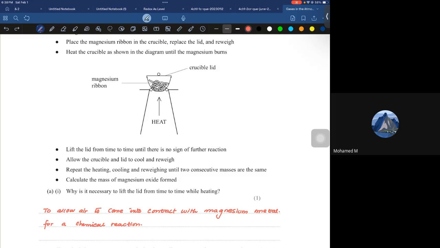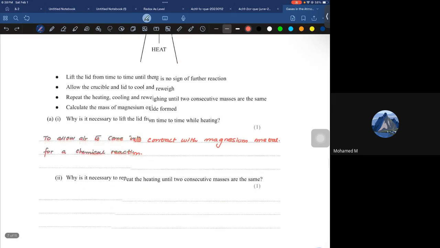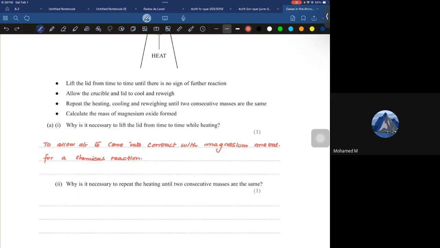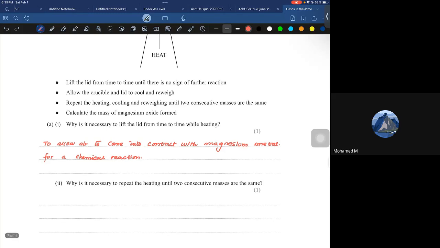So this is why we take two consecutive masses, and the two consecutive masses are the same. They have given you the information that the consecutive masses are the same. It means that it is making sure that all the magnesium has reacted. Are you getting my point? Yeah. Good.